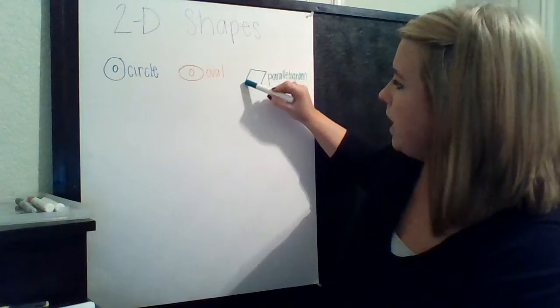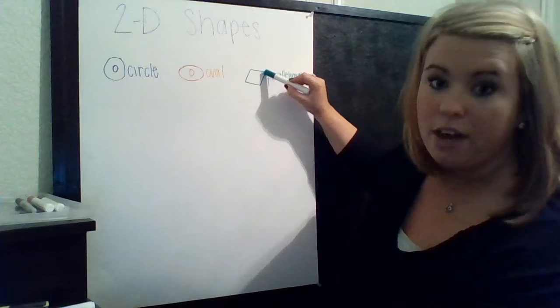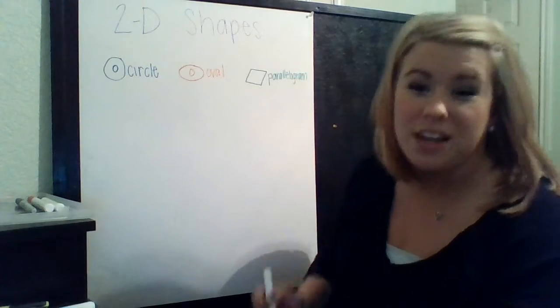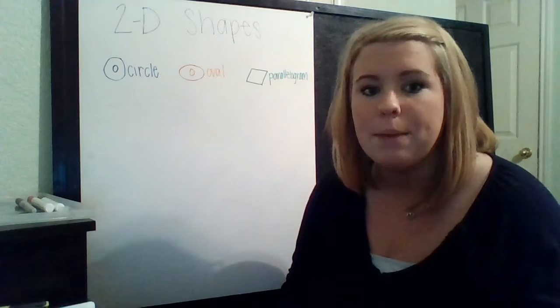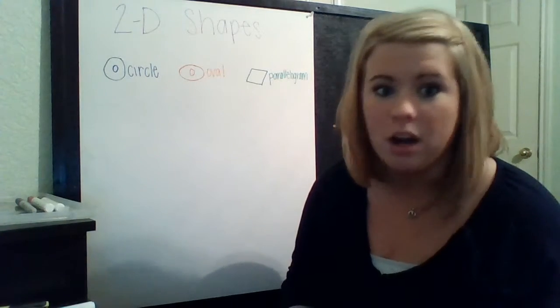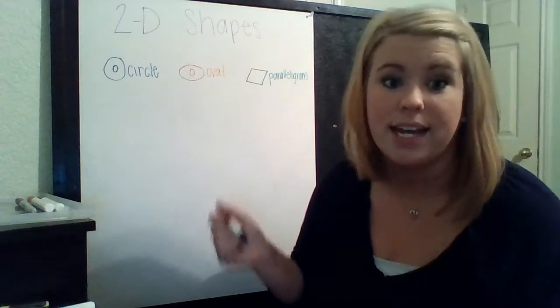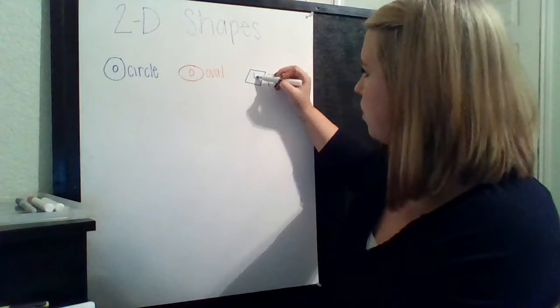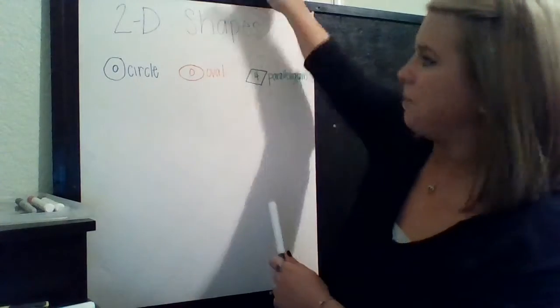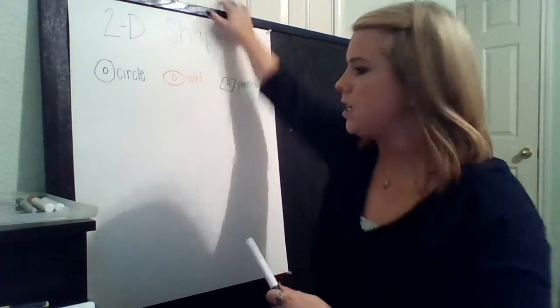So we can go 1, 2, 3, 4. And we see that it has 4 sides, but it's a little bit sideways. So it's not the same as a square. Although a square, as you will see again in a minute, has 4 sides also. We're just going to write 4. I'm going to scoot this back so I can write.